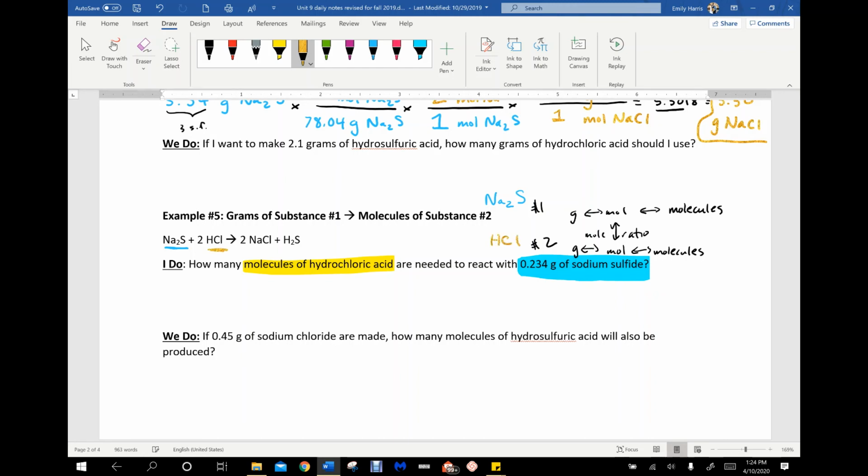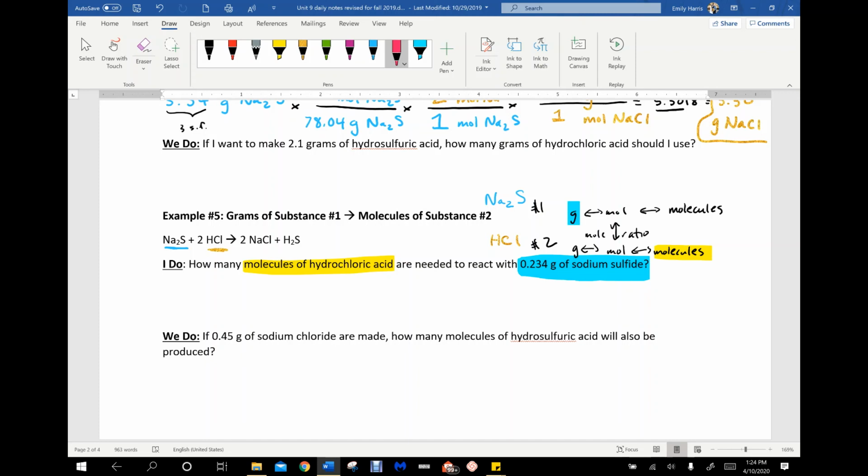All right, so let's make our plan here. I'm starting with grams of sodium sulfide. Again, that's a more practical unit for the lab. And I'm asked to convert to molecules of HCl. So let's make a plan.